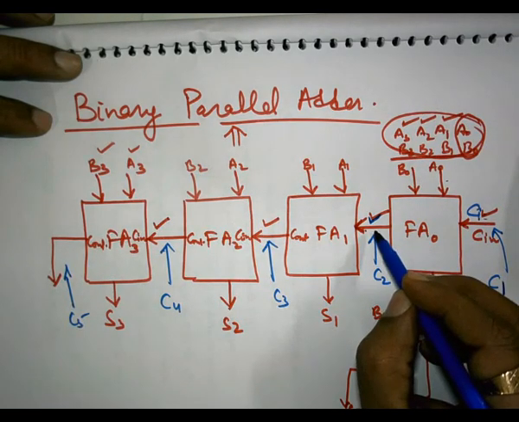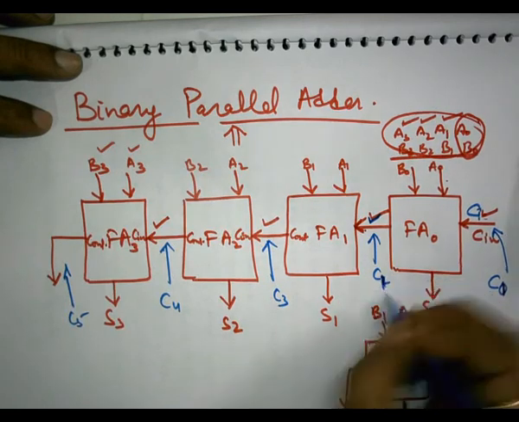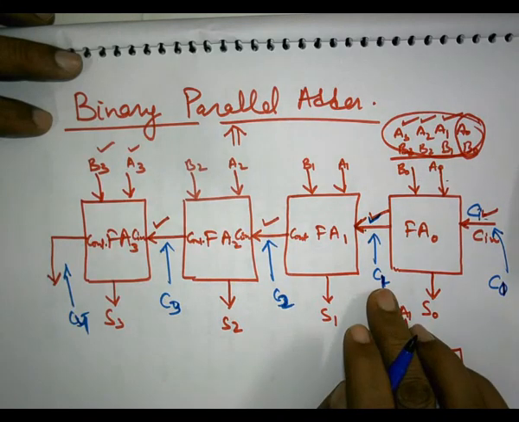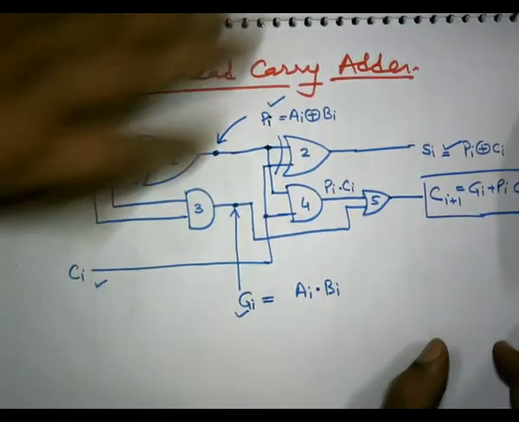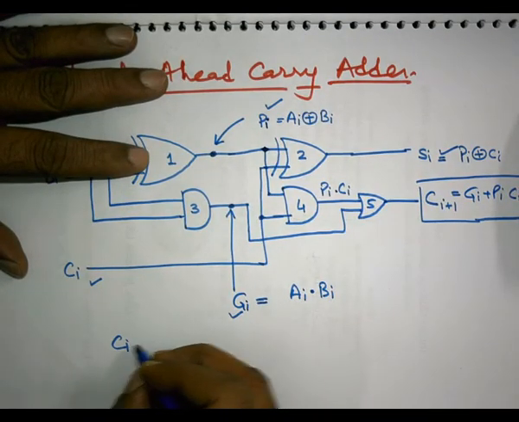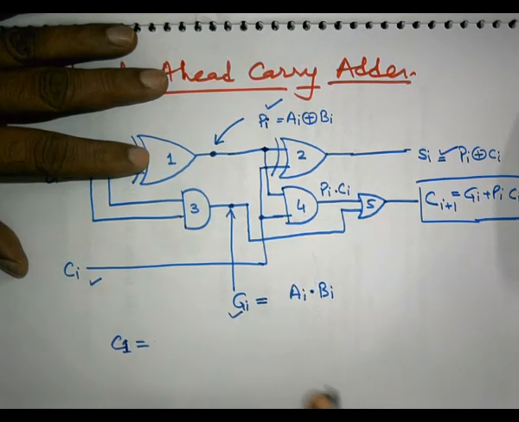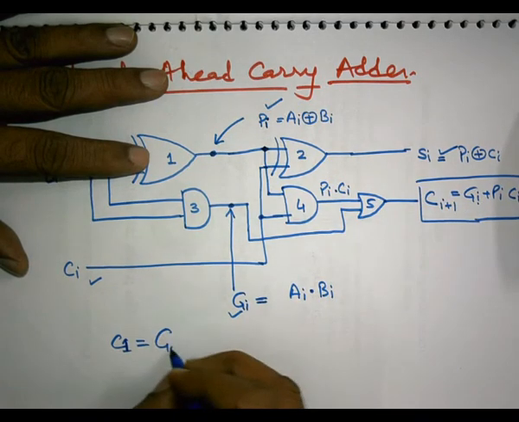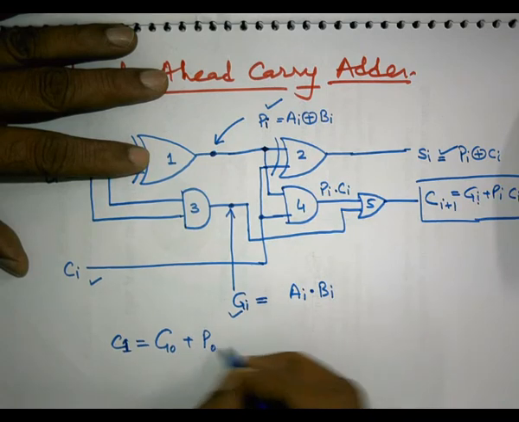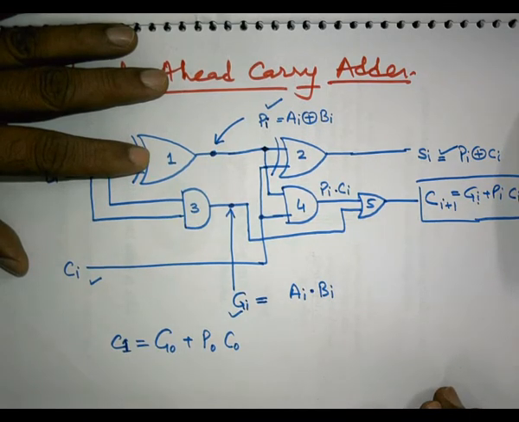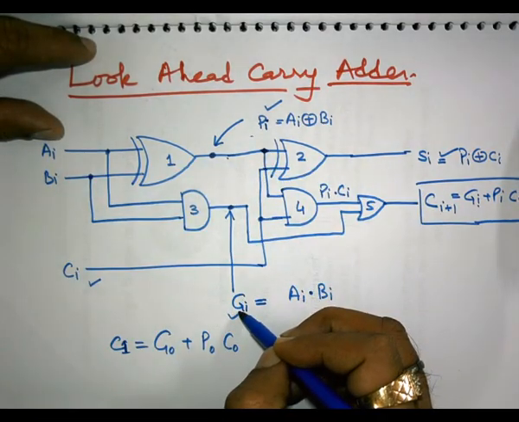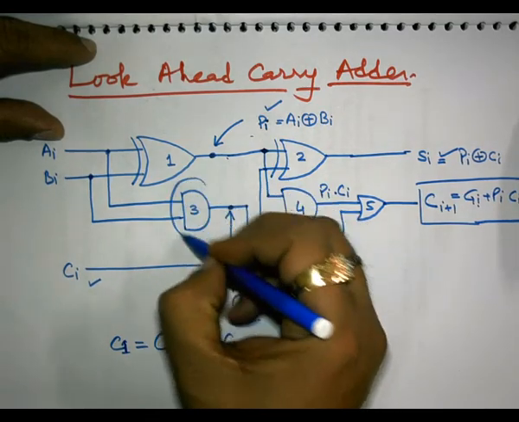So if I write the expression for C1, rather this should be C0, this is C1, C2, C3 and C4. Write down the expression for C1. It will be G0 plus P0 C0. Okay. And these PI and GI are available only after a one gate delay.